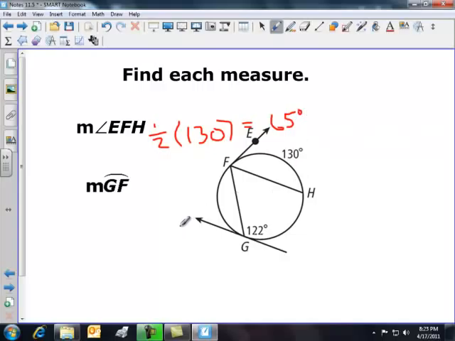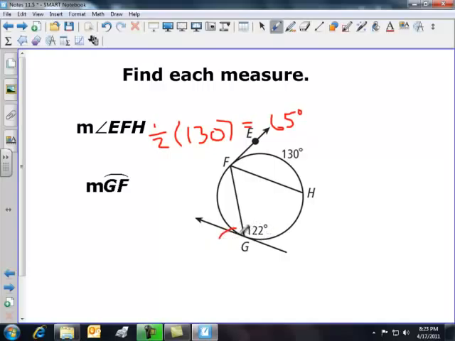If I were to find the measure of arc GH, now remember, the arc itself will be twice the measure of the angle that is intercepting that arc. We're not given that, but if we knew what the measure of that was, that would be helpful. This angle right here, which is its supplement, is 122 degrees.